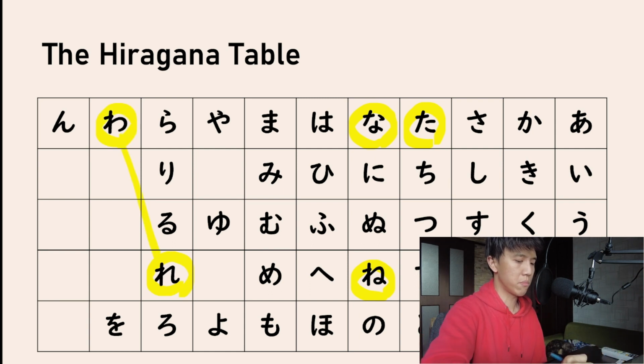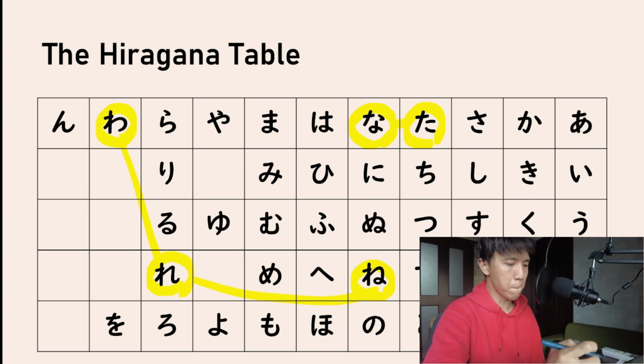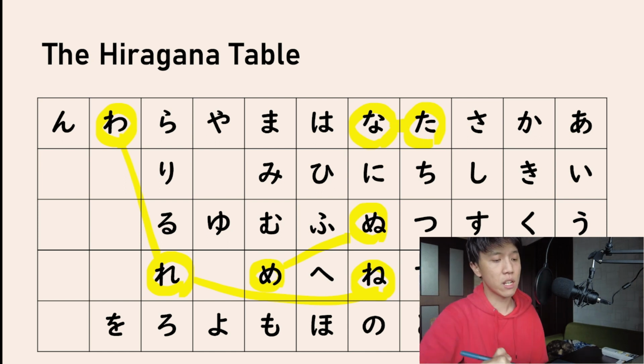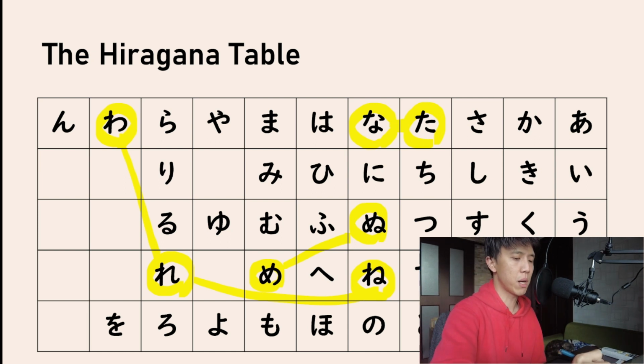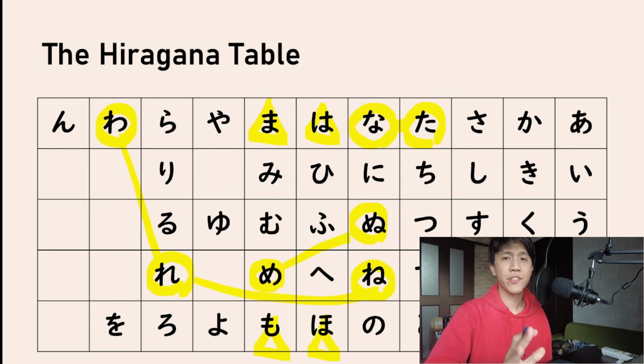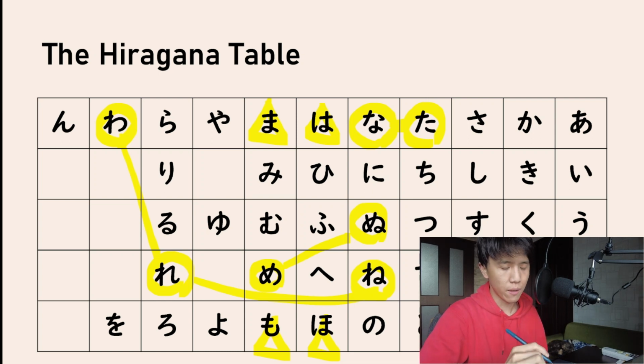Also me and nu are similar. Don't make mistakes. You also have ma and mo, ha and ho. These letters are quite similar, so keep writing again and again.